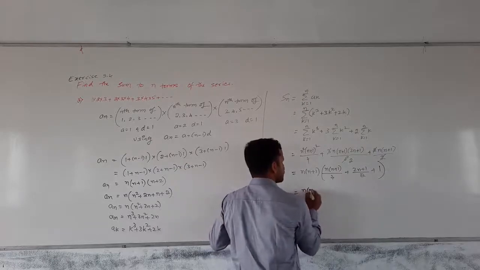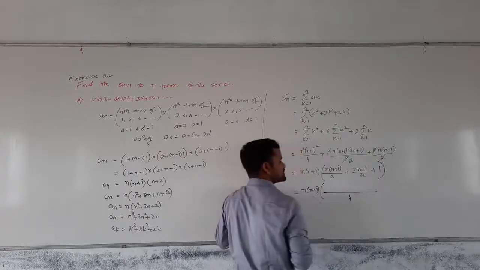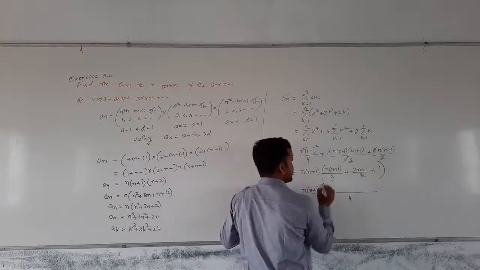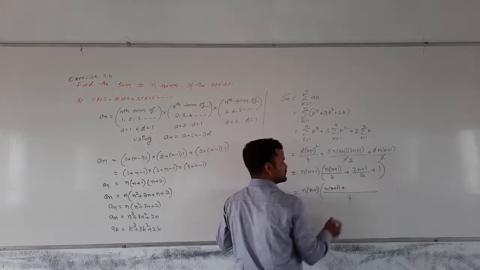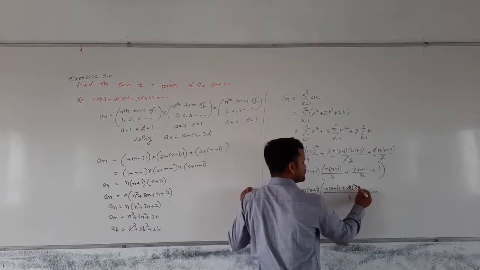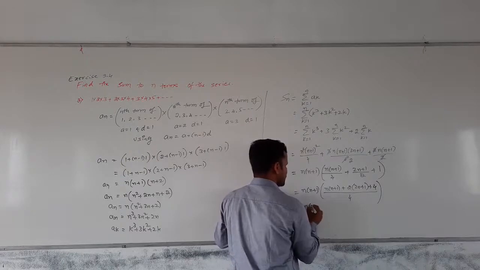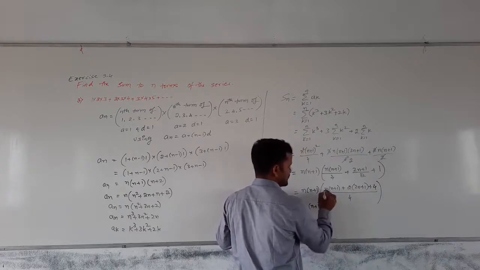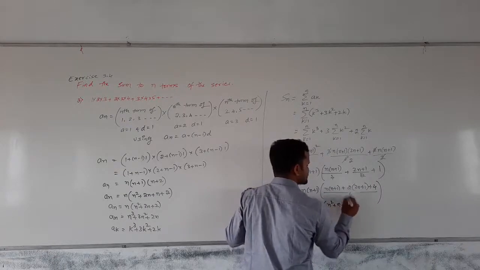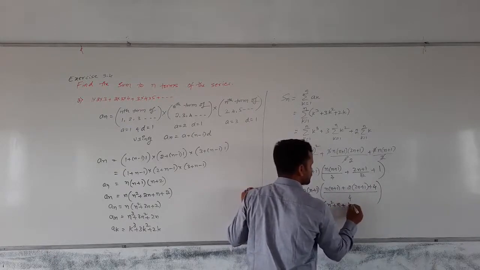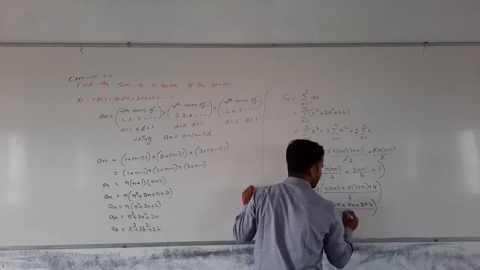Now this is equal to n into n plus 1 into, what is the LCM of all these three terms? LCM is 4. Now n into n plus 1 plus, 2 twos are, means 2 into 2n plus 1, plus 4. n into n plus 1 into n you multiply: n into n square, n into 1 n, plus 2 you multiply, 2 into 2 is 4n, plus 2, plus 4, whole divided by 4.